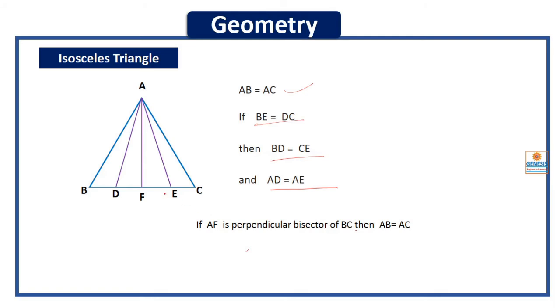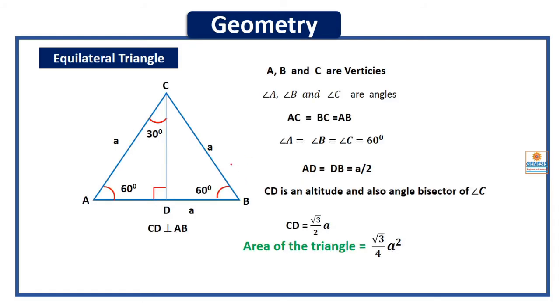If you draw AE and AD, BE is equal to DC. This is not so important, and I'll move on to the equilateral triangle.